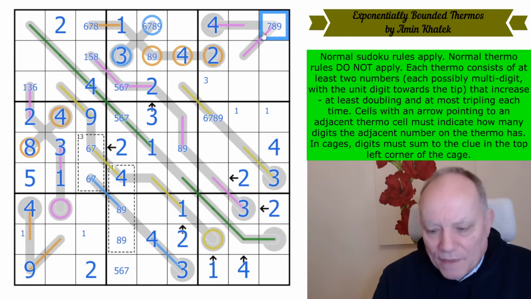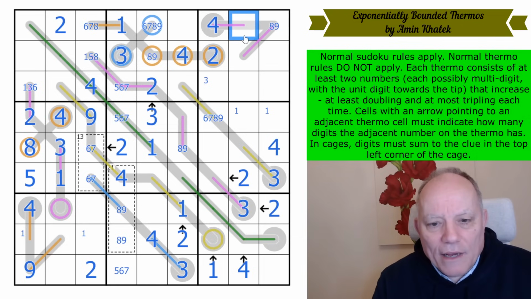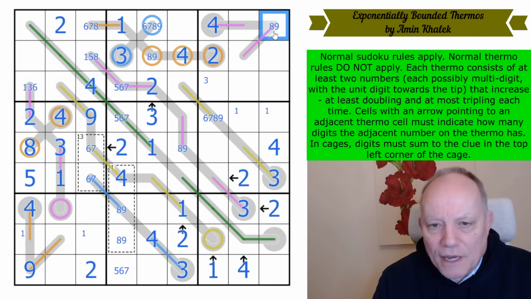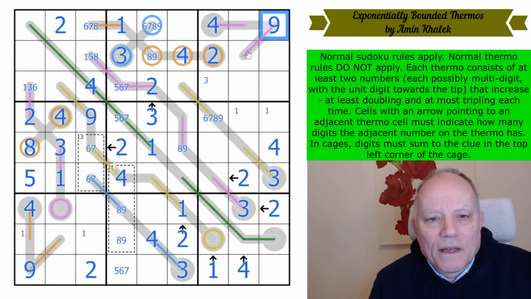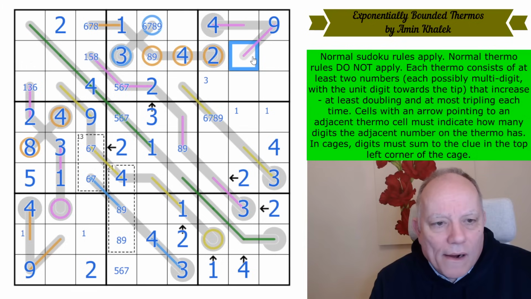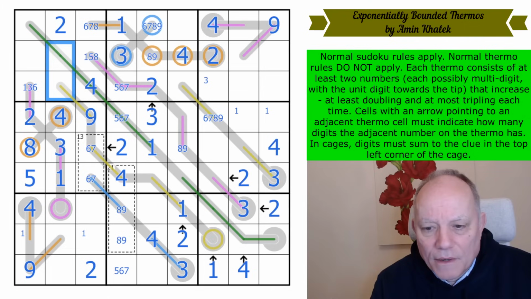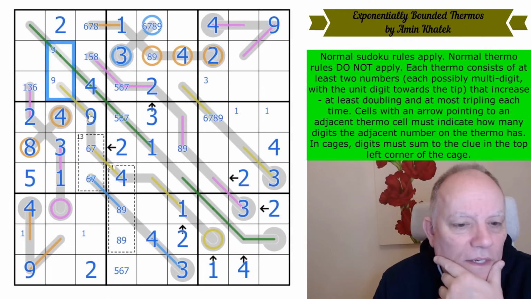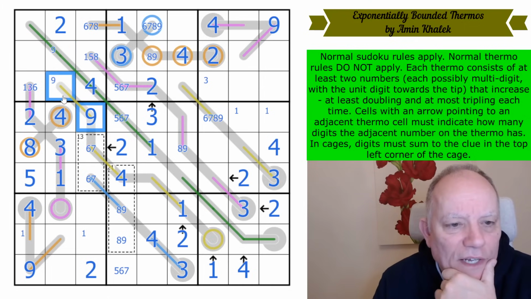Right, 40-something. So that's not... Oh, now, can that be low? No, it can't. It sees all of 1, 2, 3, and 4. This is at least 45, so that's a 9. Oh, wow. 9 in box 1 is in one of those two positions now. 99 there is fine.